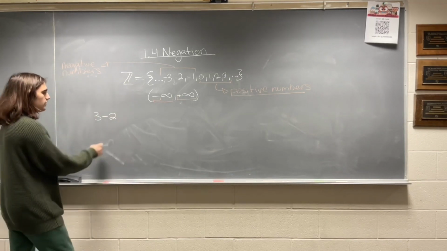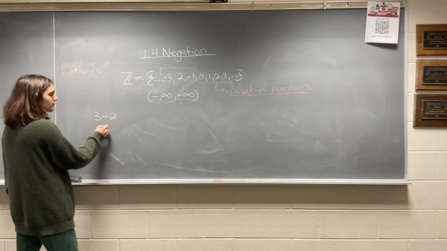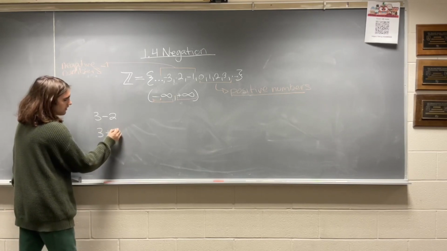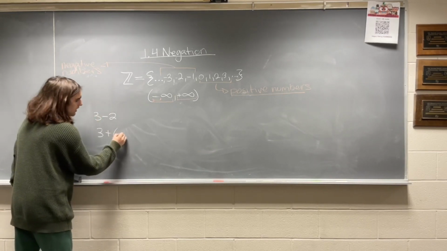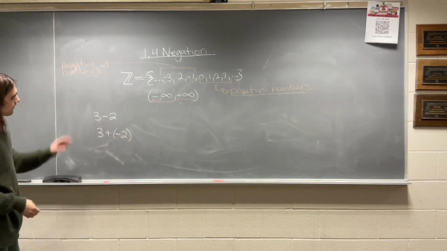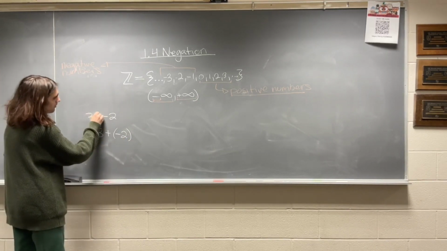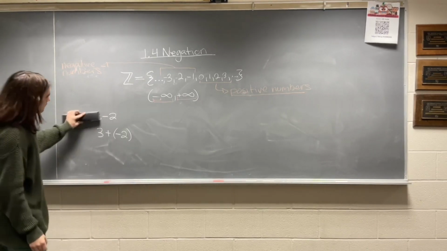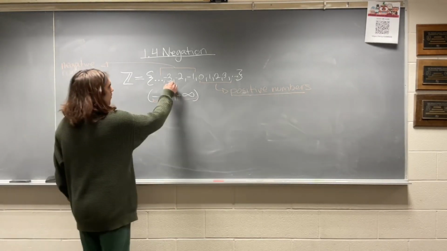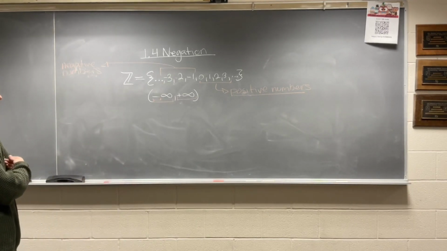We can factor out the negative, or rather remove the negative, because what we really have here is 3 plus negative 2, right? And so we know that the minuses are all just going to be negative forms of positive numbers.